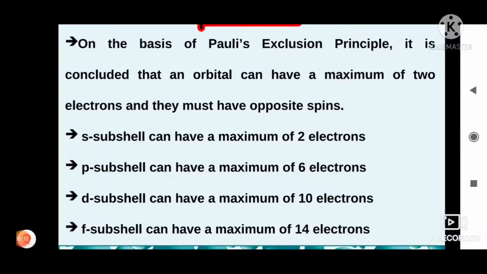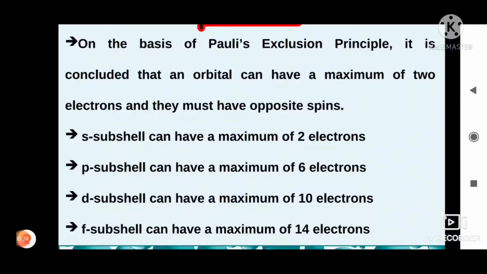Therefore, from this principle we can conclude that an orbital can have maximum of 2 electrons and they must have opposite spin. For example, s subshell can have a maximum of 2 electrons because there is only one orbital for s subshell.